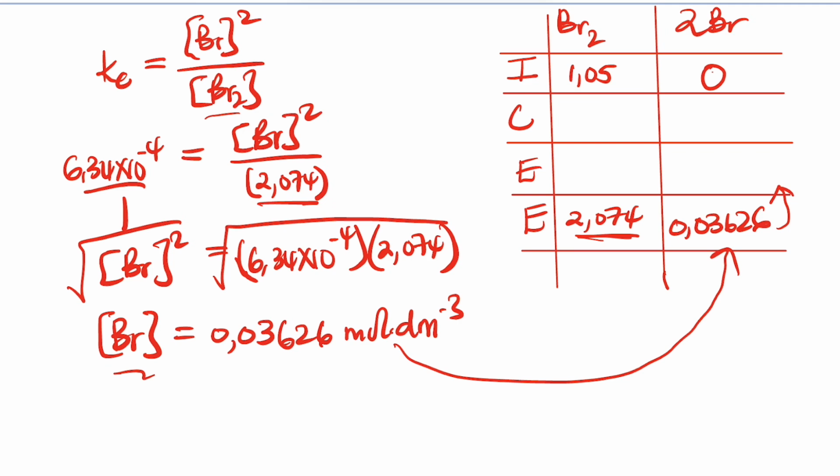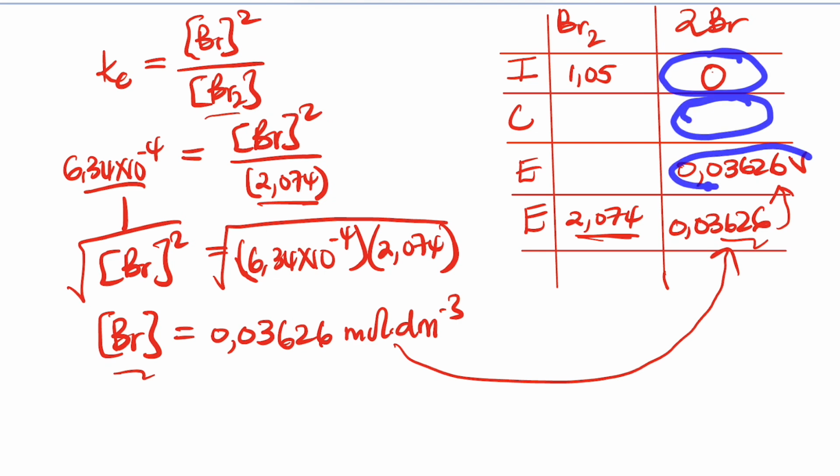This is the concentration. But now we have to change this concentration into number of moles. When we change it to number of moles, we multiply by volume. The volume is the one we're looking for, so we times it by V. We say the initial plus the product formed is going to be that, so the same amount is going to be here.